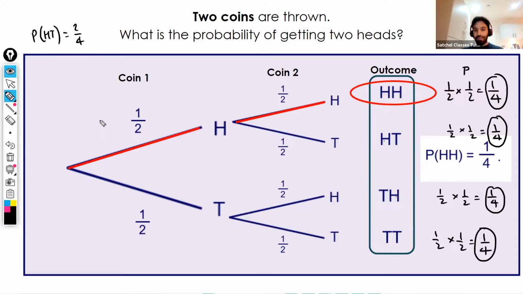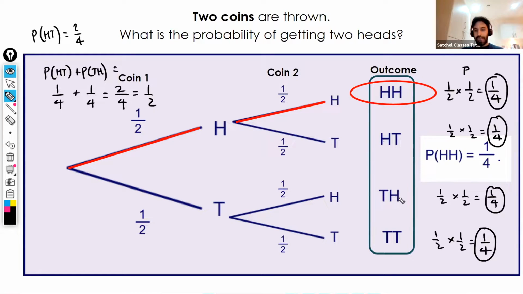And again, another way of looking at this is if we add the probability of heads tails and tails heads, so the probability of heads tails plus the probability of tails heads, well, that would be a quarter plus a quarter, which will give us 2 quarters, which is equal to a half.